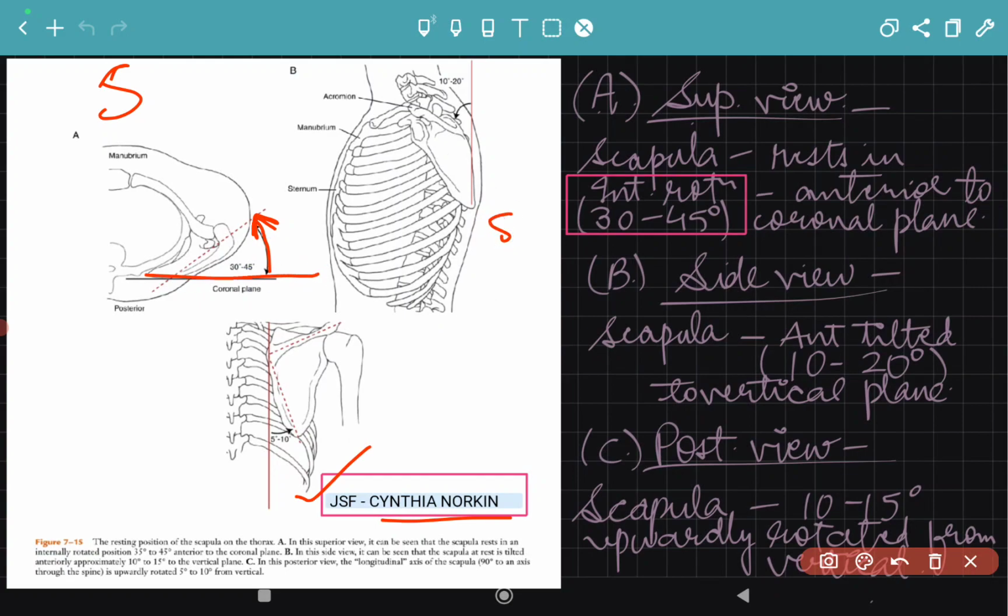In the side view, the scapula is anteriorly tilted 10 to 20 degrees from the vertical plane. And lastly, in the posterior view, the scapula is upwardly rotated 5 to 10 degrees from the vertical plane.